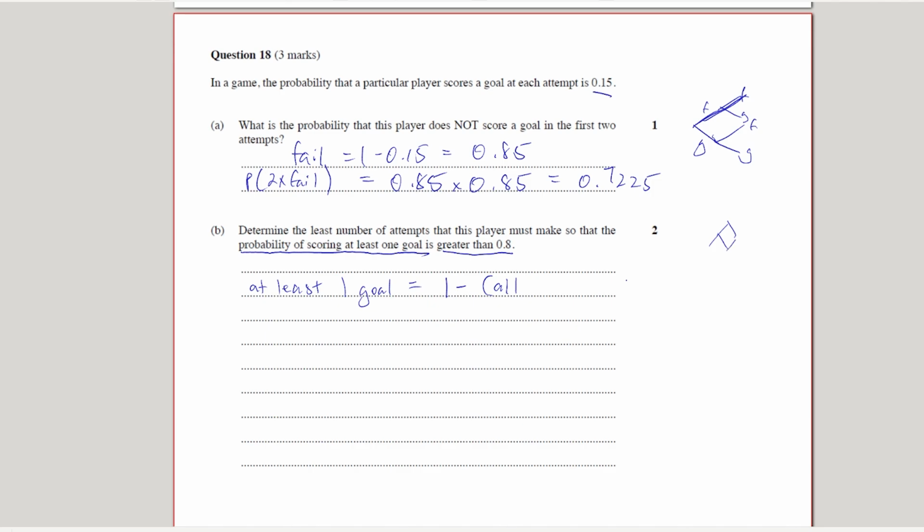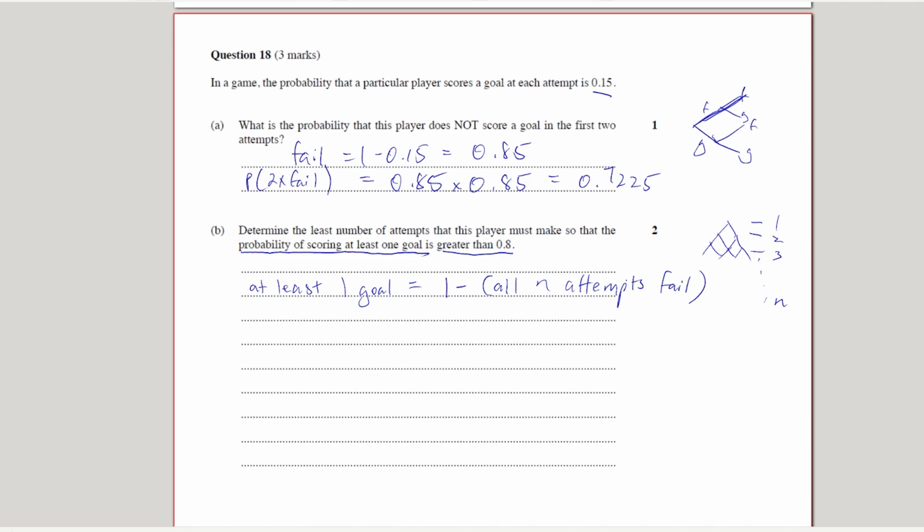First attempt, second attempt, third attempt, and then it keeps going down. So all attempts being a failure, I'm going to call each attempt 1, 2, 3, all the way up to n. So all n attempts as a fail, because that's the complementary of at least 1 goal.